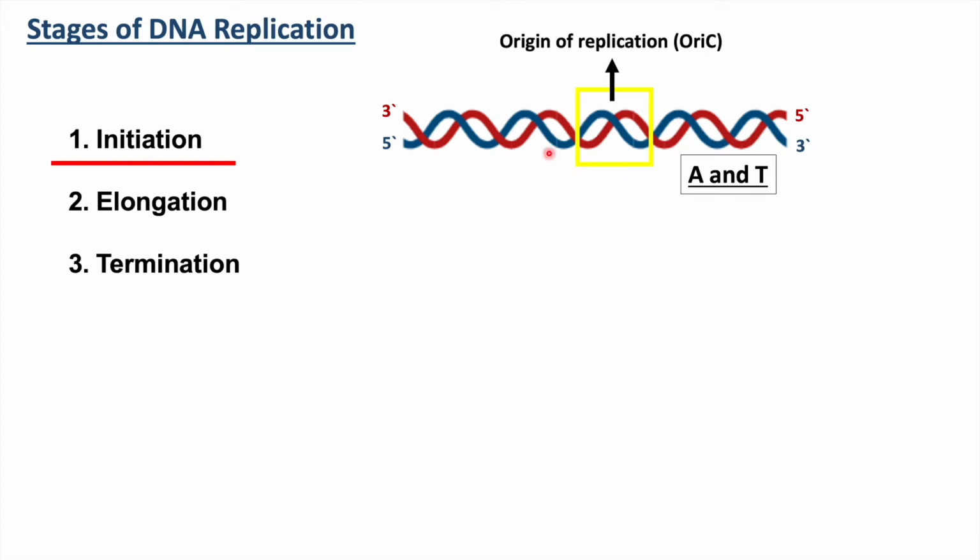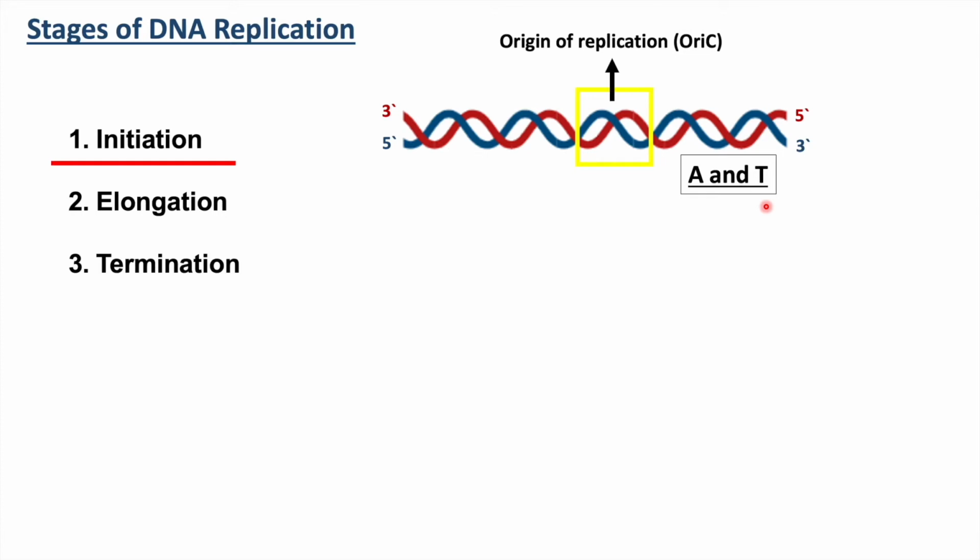The separation of these strands is an energy-consuming process, so it requires less energy, or it is easier, to break 2 hydrogen bonds between adenine and thymine than to break 3 hydrogen bonds between guanine and cytosine. That is the reason behind adenine and thymine being chosen as the site of origin of replication.